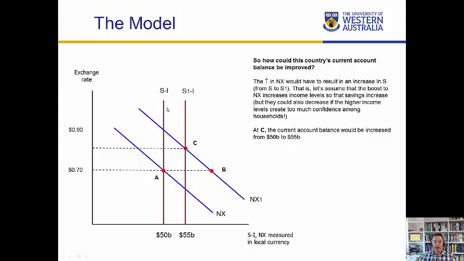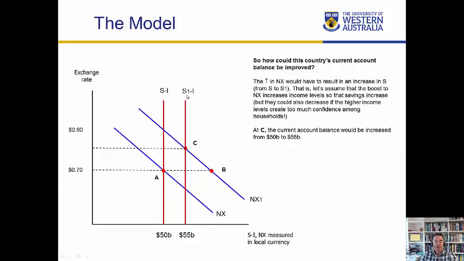And so what I've done in this diagram is I've assumed that this increase in exports also increases income, and that increase in income increases savings. And so I've increased the savings variable from S to S1.